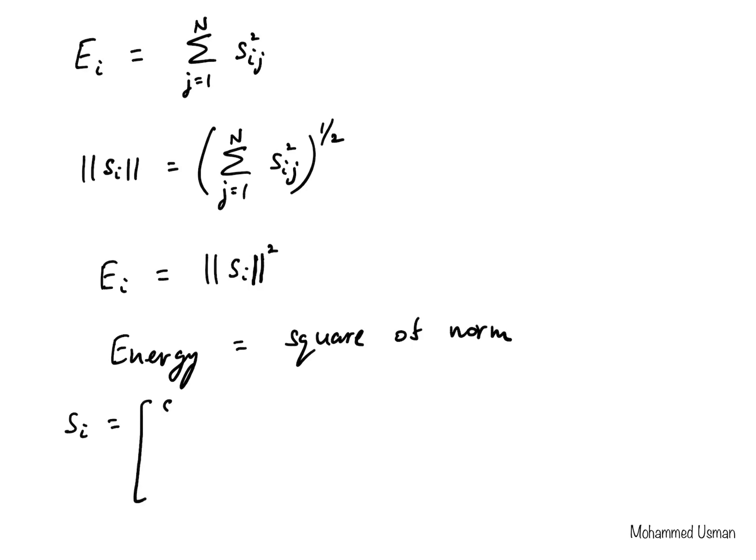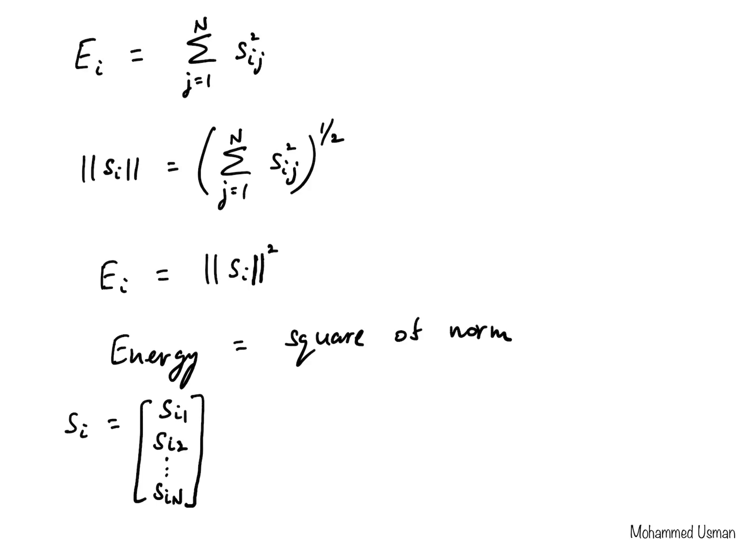Simply Si is Si1, Si2, and so on up to Sin. That's a vector of length n, and if you want to compute the energy, it's Sij square added together. So we basically square all these terms and add them together.